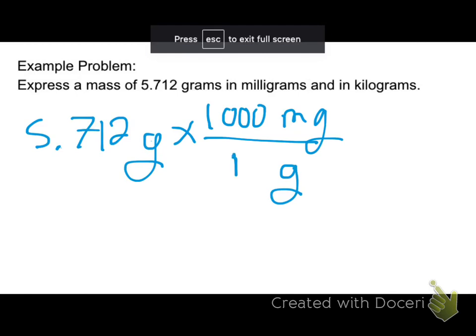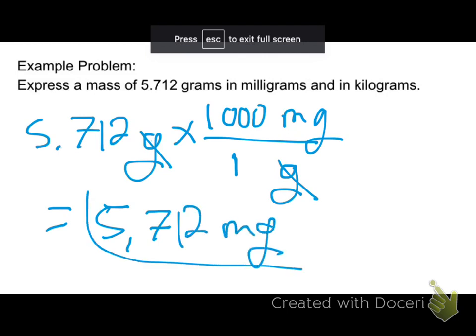And we got that back off of the chart that we looked at. So if we do it this way, then grams cancel, and we wind up just taking 5.712 times 1,000, which comes out to 5,712 milligrams, being our answer for that conversion there.